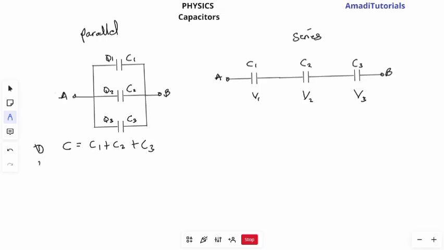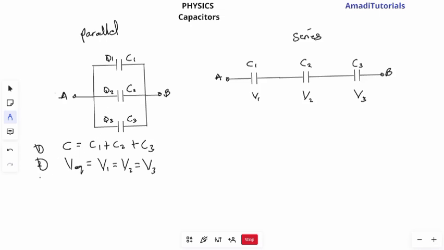And then the second point you have to know, for parallel connection, is that the potential difference across each capacitor is the same. So V equivalent, or total voltage, is the same as the voltage across the first branch, the same as across the second branch, and the same as across the third branch. In circuit theory, whenever devices share a common terminal, their voltages remain the same.